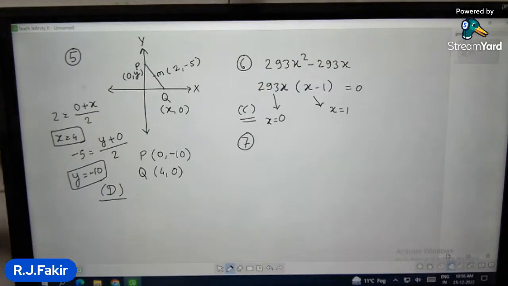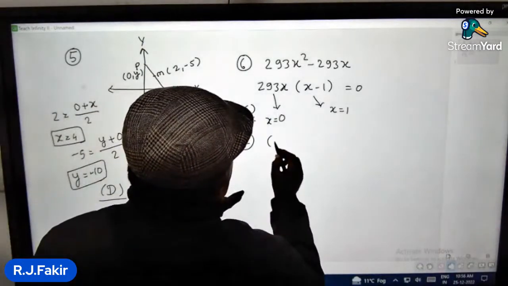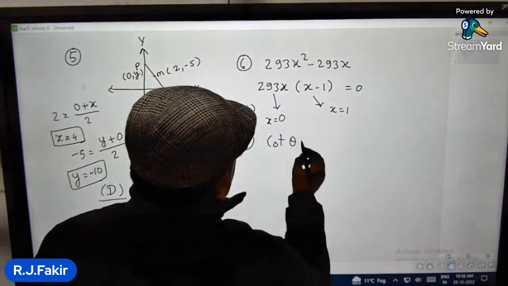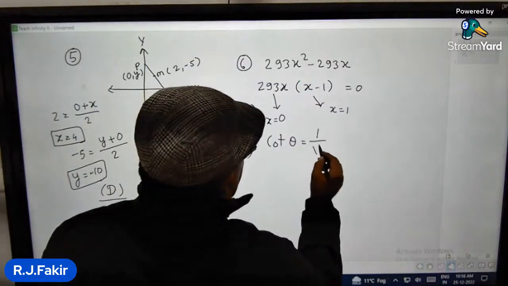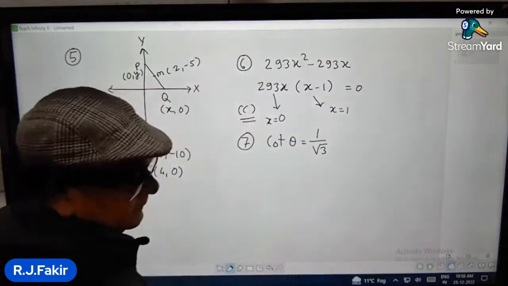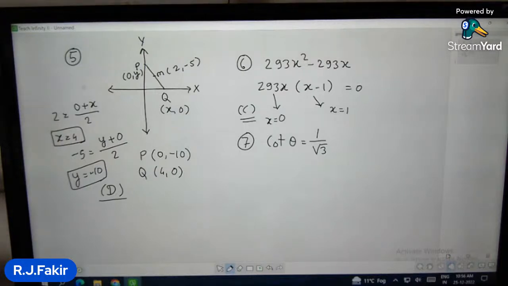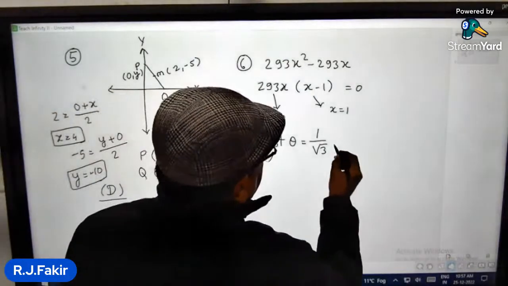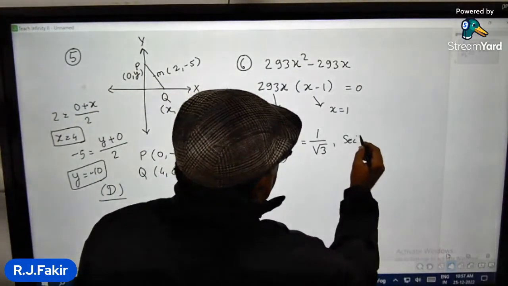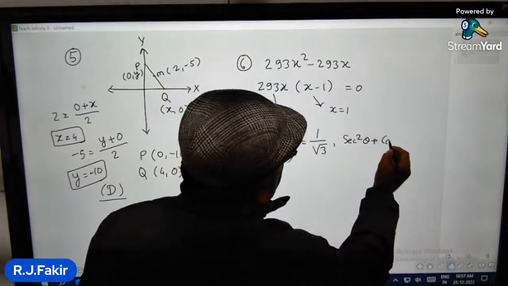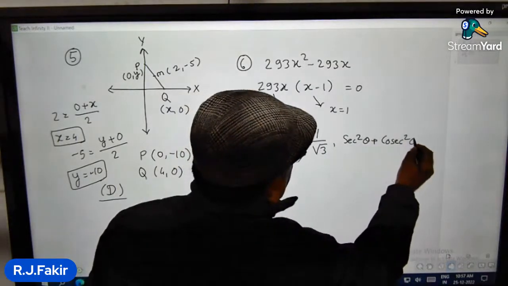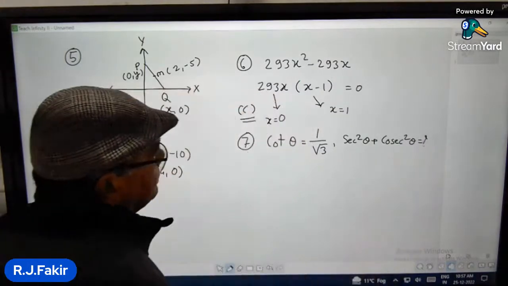Question number 7, cot theta is given as 1 by root 3. And we have to find the value of secant square theta plus cosecant square theta. So this value we have to calculate.